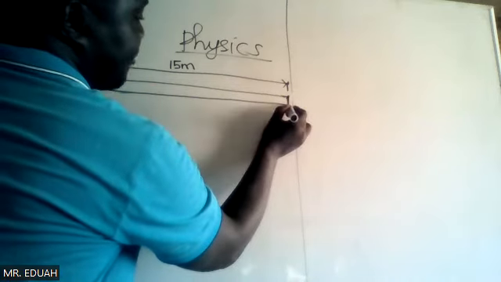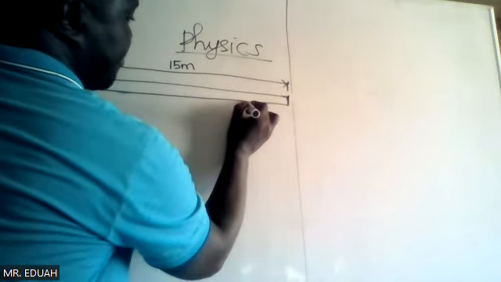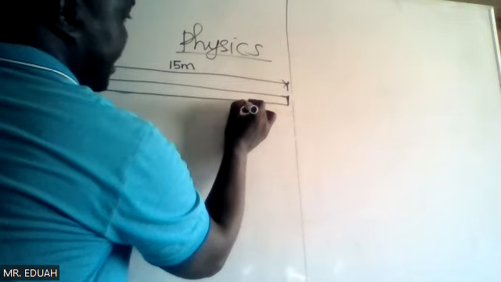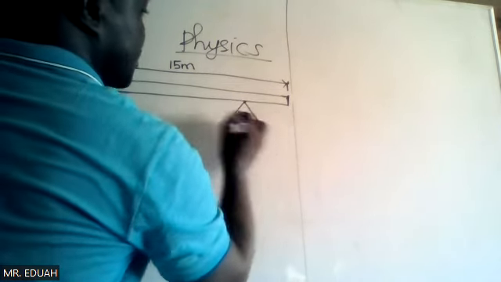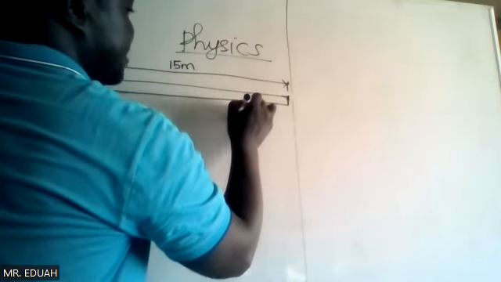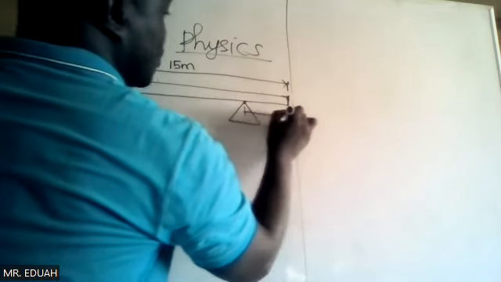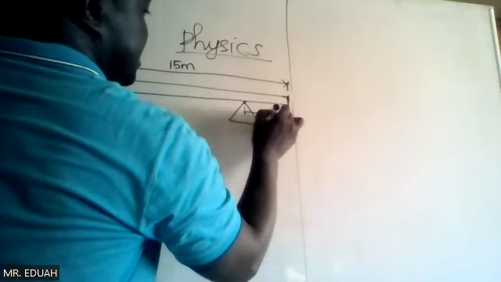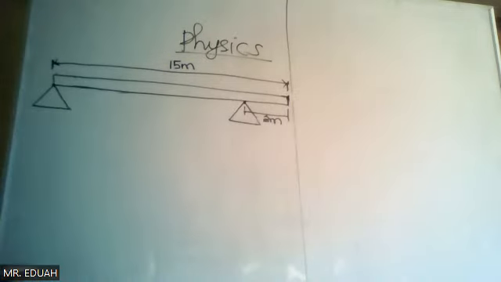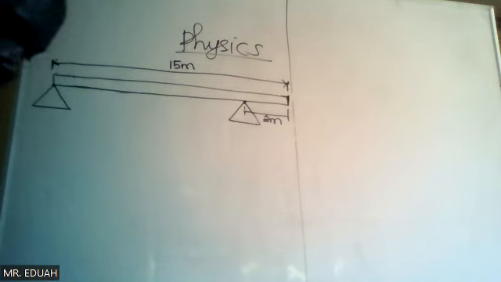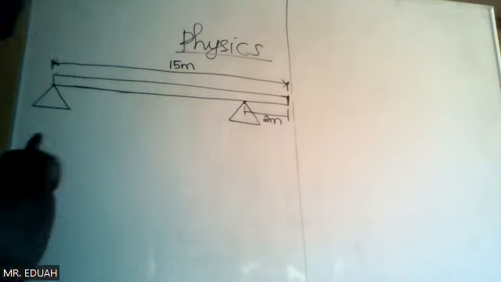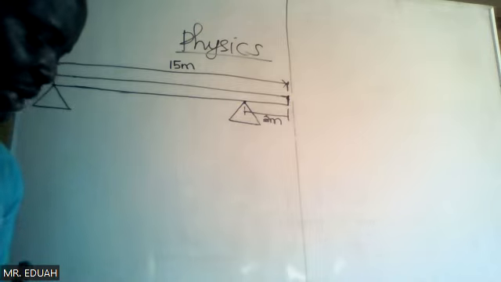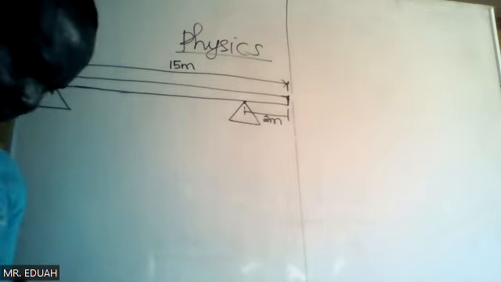So 3 meter from the right end, we have another pivot over here. From the end to where this pivot is, we are told it is 3 meter.